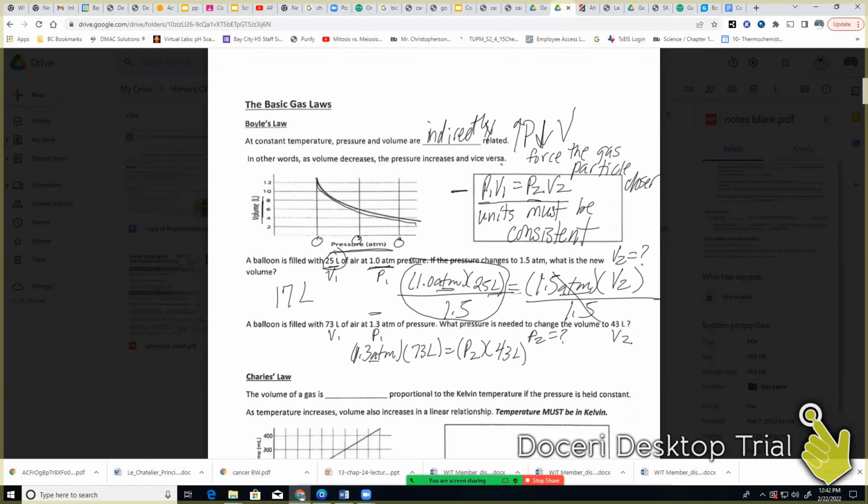Since my given pressure is in atmospheres, my P2 will end up being in atmospheres. How many sig figs on this one? Also happens to be 2. So when you put that in your calculator, 2.2, that's what I think I heard over there, 2.2 ATMs, 2.2 atmospheres.